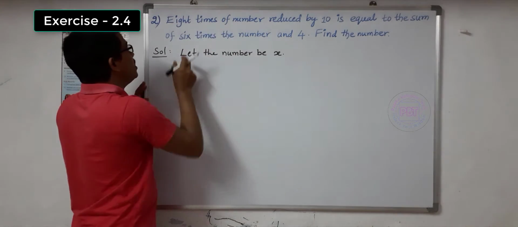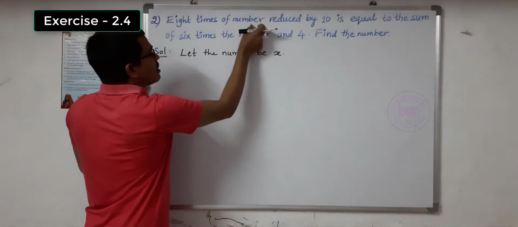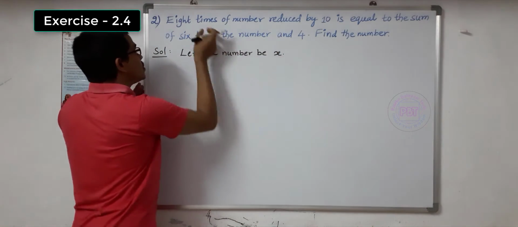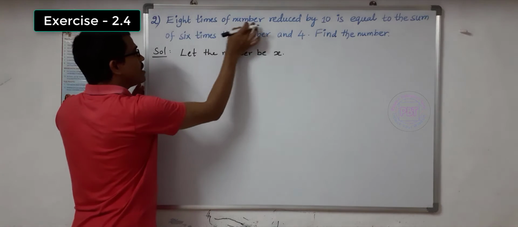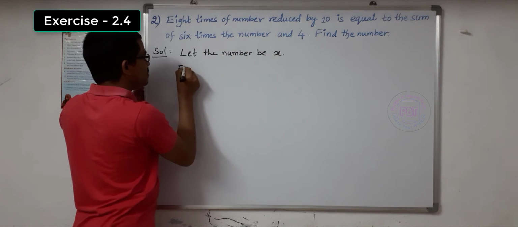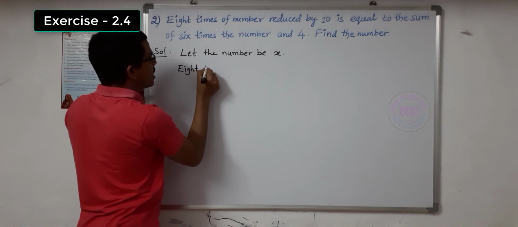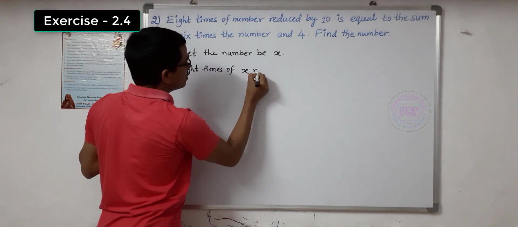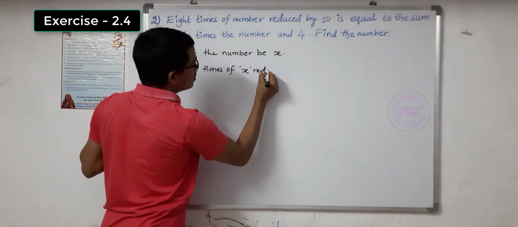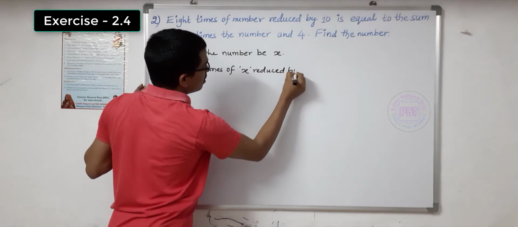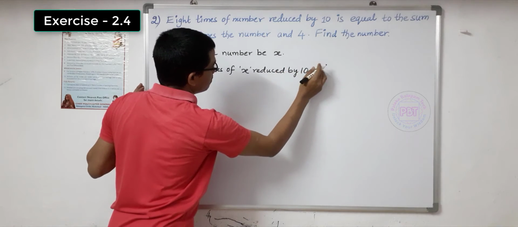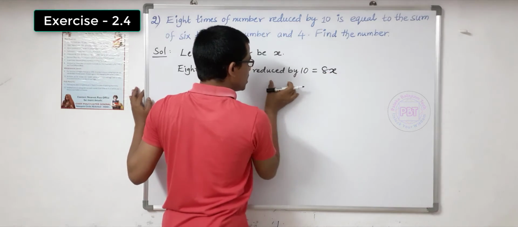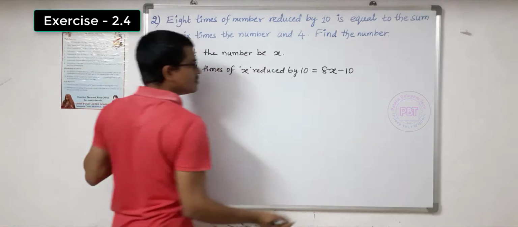Now read the question. 8 times the number reduced by 10. So the number is x. So 8 times the number x is 8 times of x. 8 times of x reduced by 10. That means 8 times of x is 8x and reducing is nothing but subtracting 10. Okay.